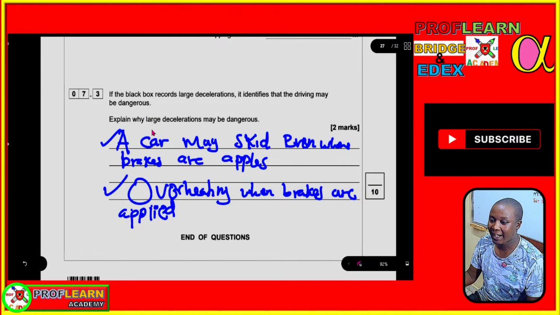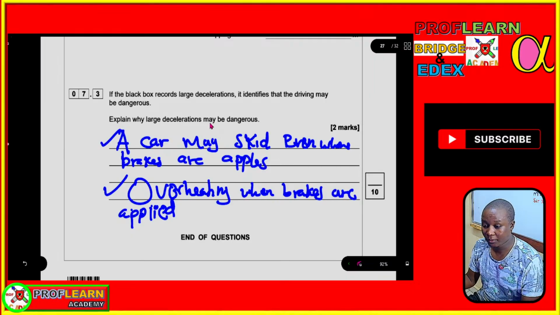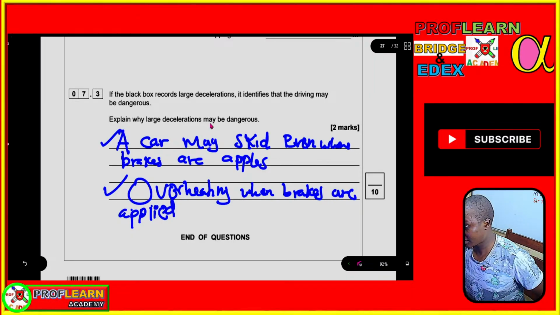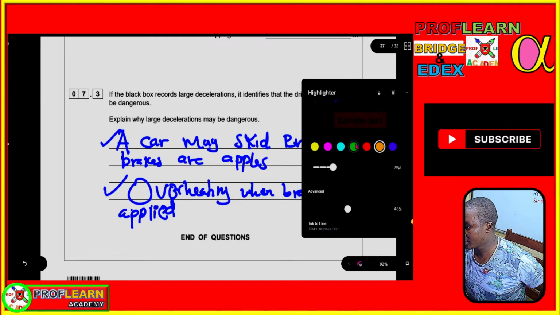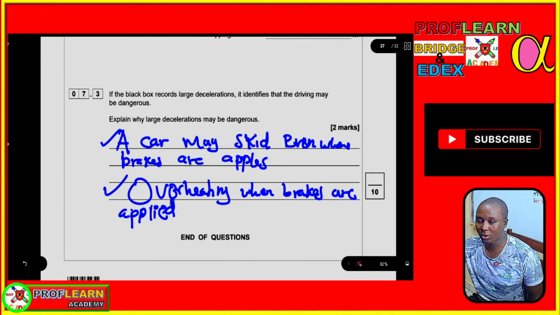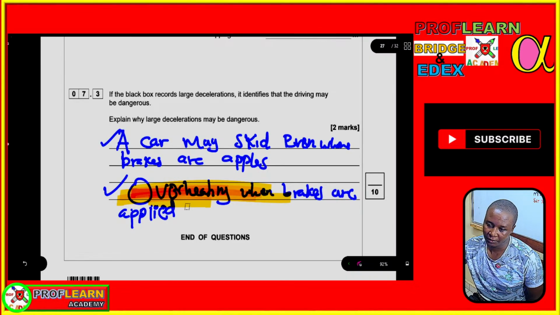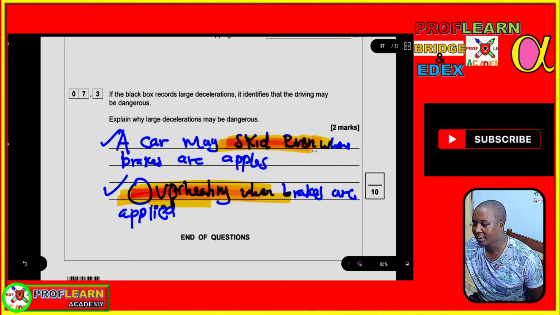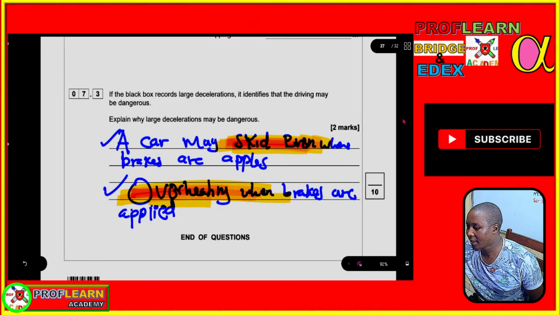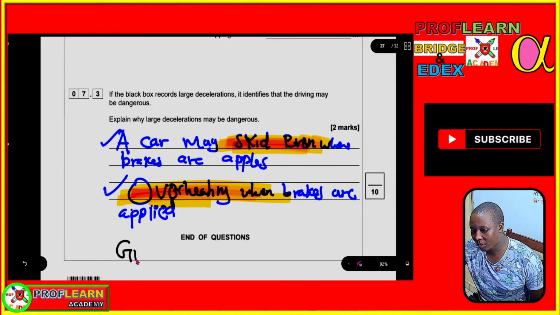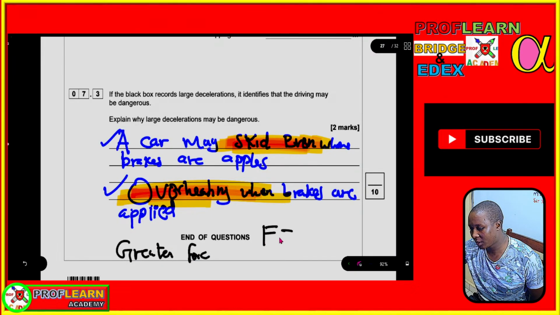Explain why the large deceleration will be dangerous. What will be the reasons why it will be dangerous? Because if you apply a large deceleration, the brakes may overheat. Also the car may skid. We can also say there will be a greater force, because we know force is equal to what?